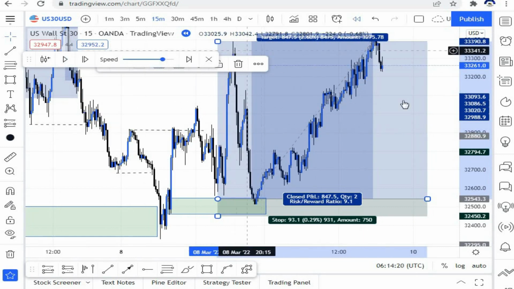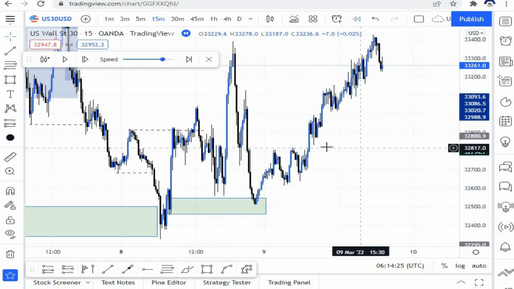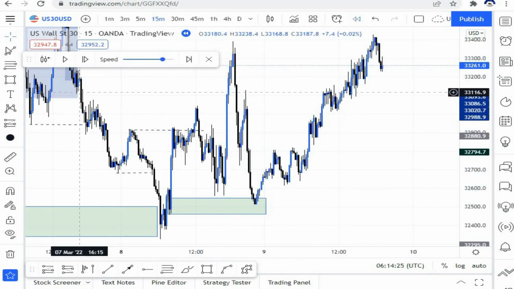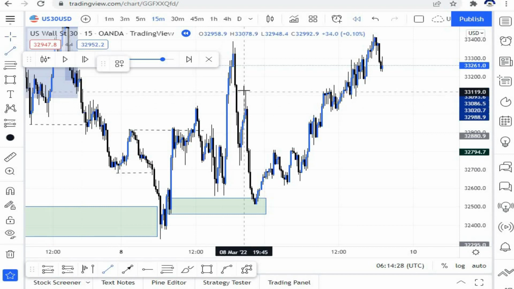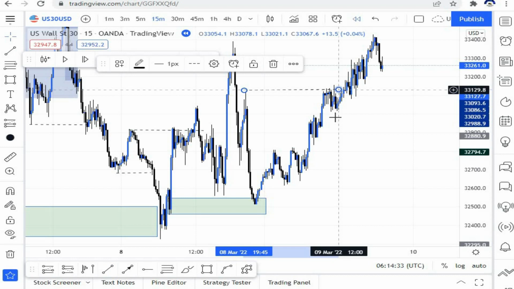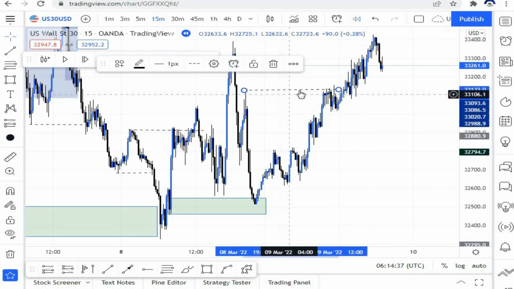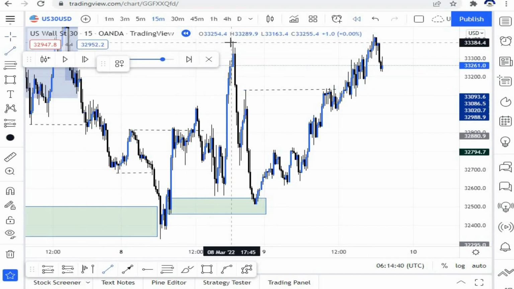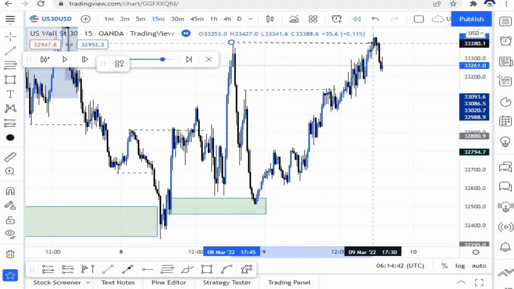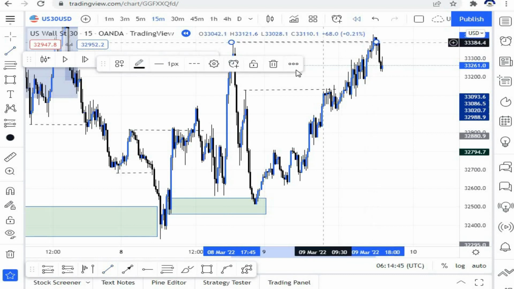Now, as you can see, guys, what I want you to understand is that it's you now following your rules. Here this first lower high was taken out around this zone area, and now, as you can see, this was the first breakout structure as well. The price continued going up right there, as you can see.